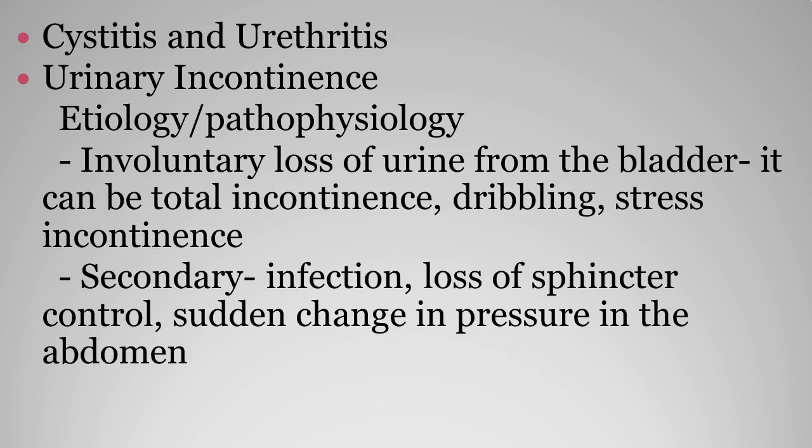Remember, if you go back to talking about the normal pH of urine, we'd like it a little bit more on the acidic side, because the more alkaline urine is, the more chances of a UTI. Alkaline urine is another great media for bacteria to reproduce quickly.